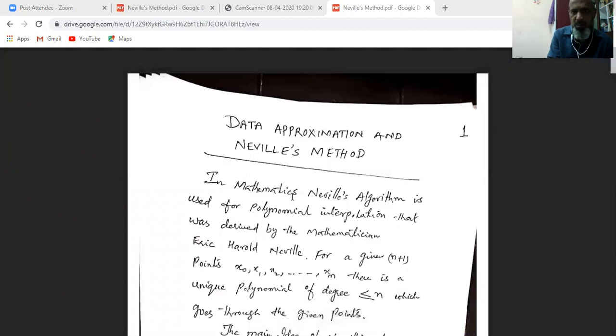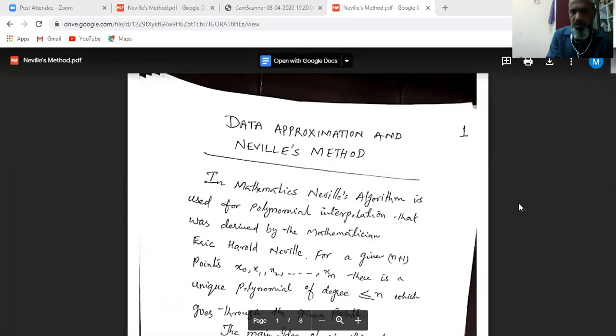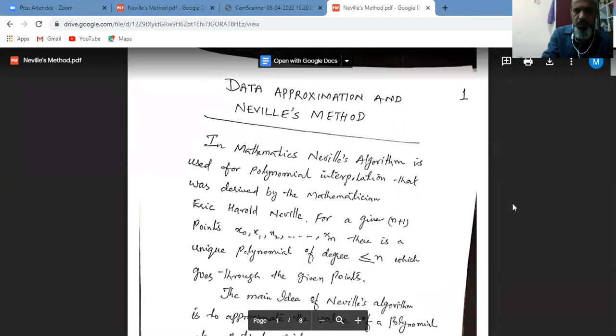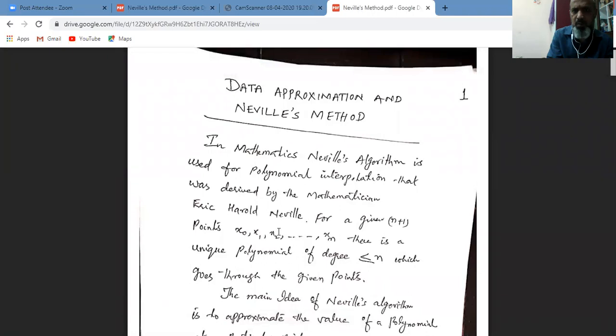Data approximation and Neville's method. So see here, what is data approximation? In mathematics, Neville's algorithm is used for polynomial interpolation that was derived by the mathematician Eric Harold Neville.